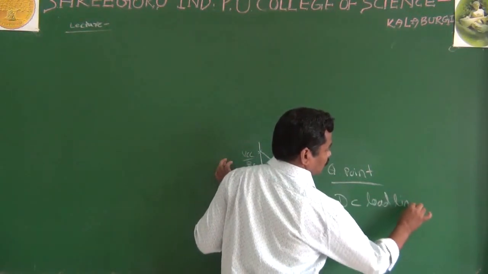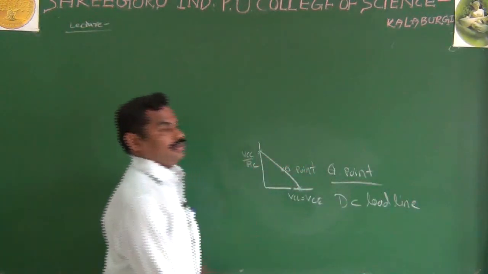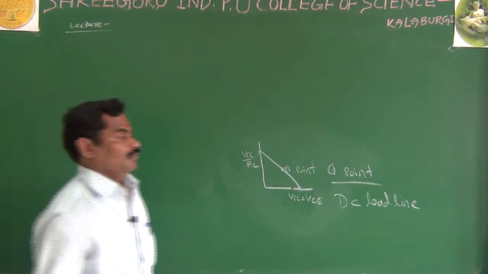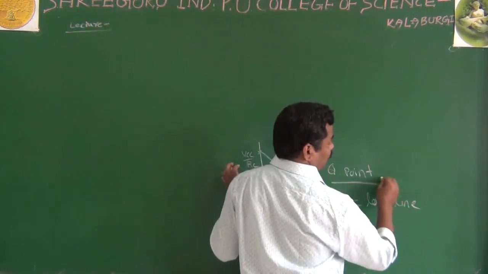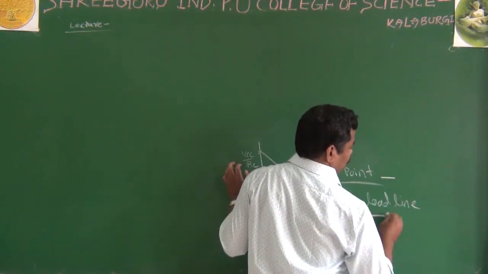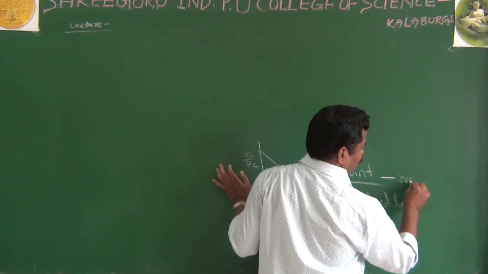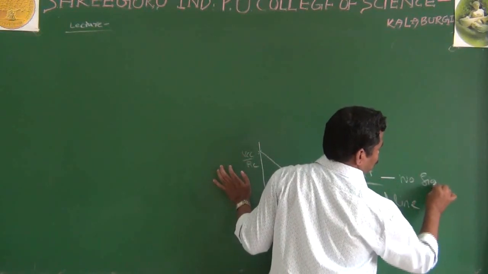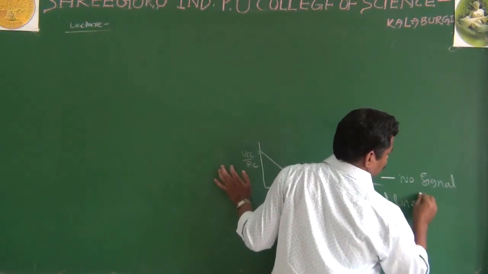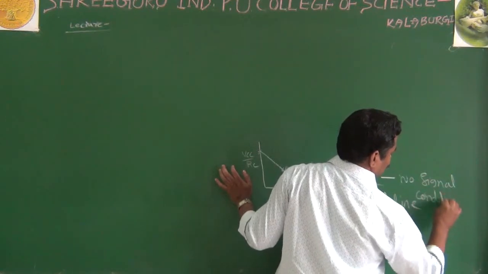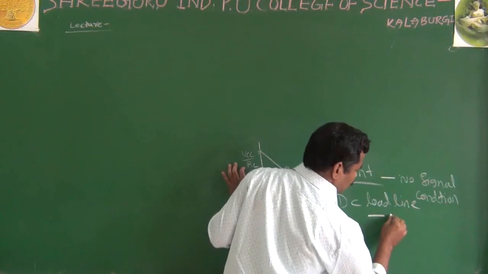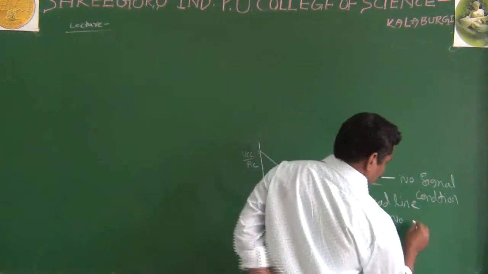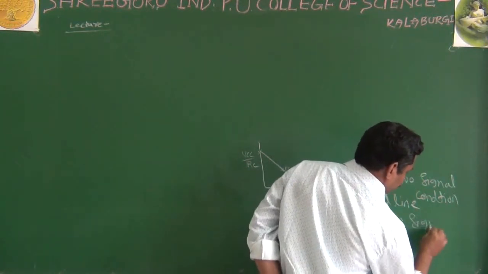So many students will confuse the DC load line. Look here at both the definitions. What is common in your Q point and your DC load line? The thing is no signal condition. This is important. No signal condition is common for both.